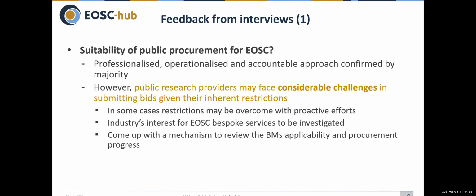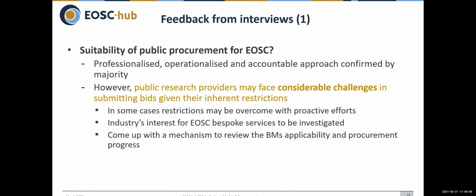In some cases, we got from the interviewees that these restrictions may be overcome with proactive efforts, in some cases not. Then industry interest should be investigated, and then also a mechanism to review the business model applicability and procurement progress over time.